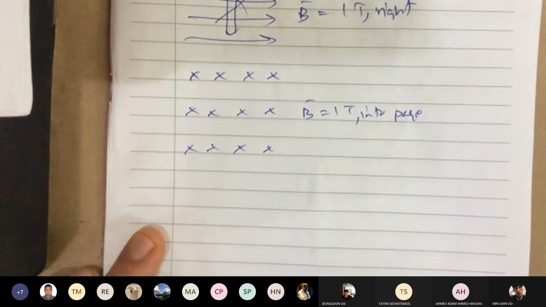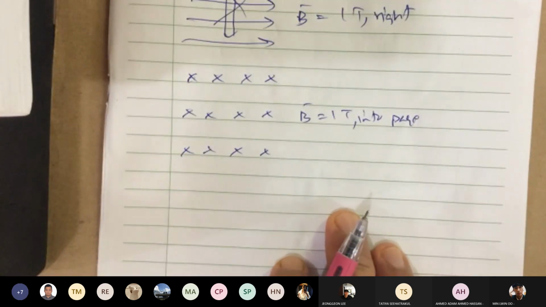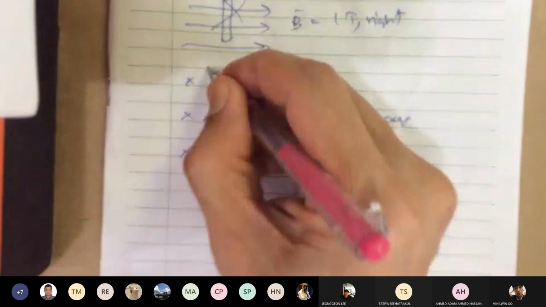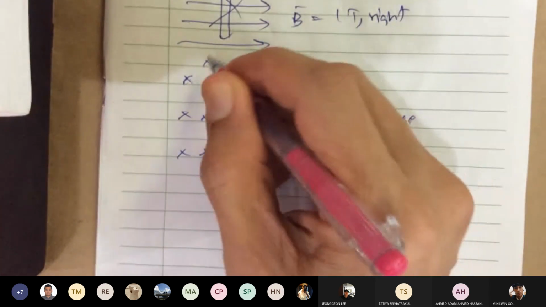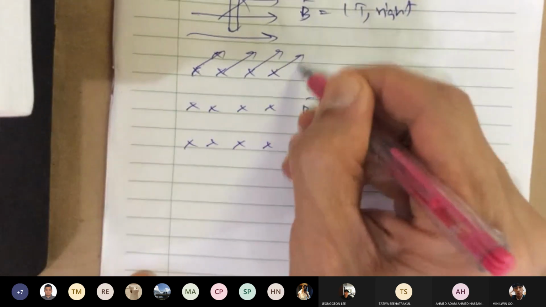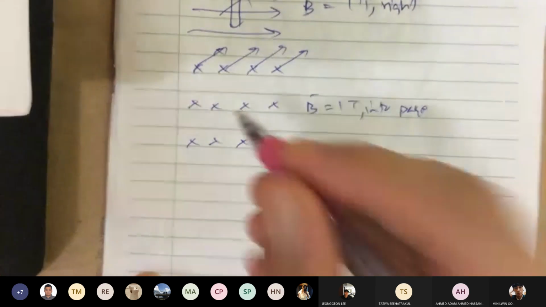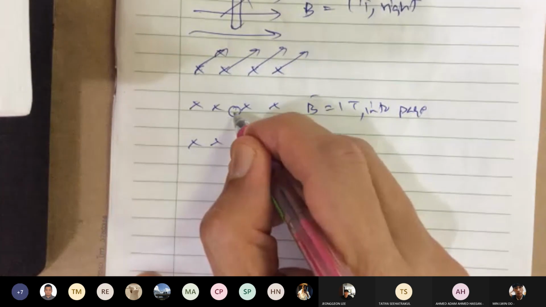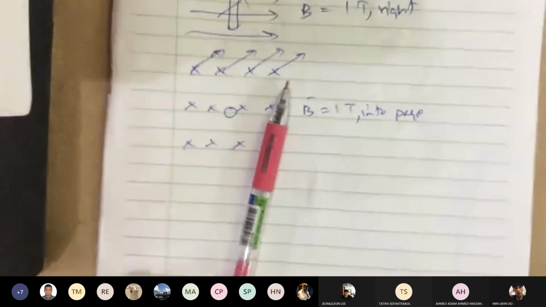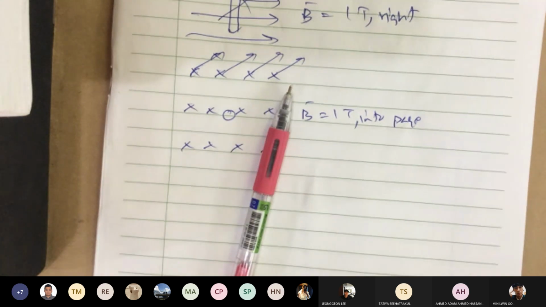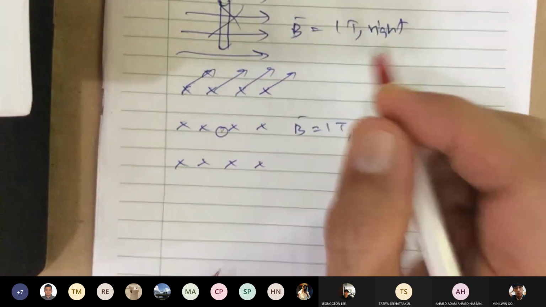I have a conductor. Let's draw it in three dimensions, like that. And then I have a conductor, which has a current out of page.